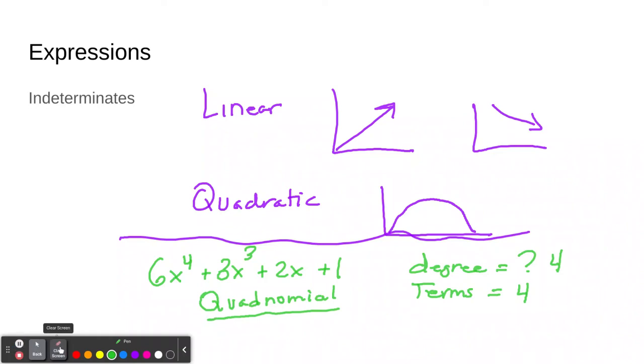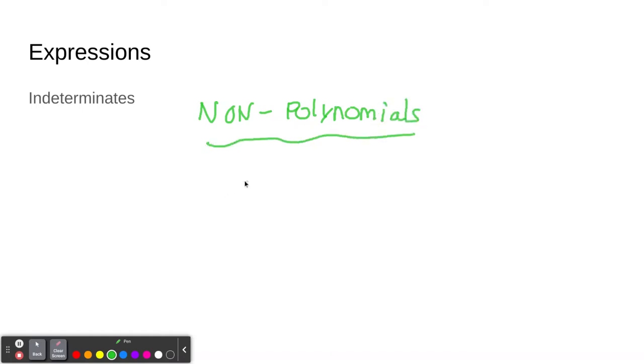Okay, now there's also what we call non-polynomials. And look for these on any tests. When you see a variable in a denominator, it is not a polynomial. It's called a non-polynomial.